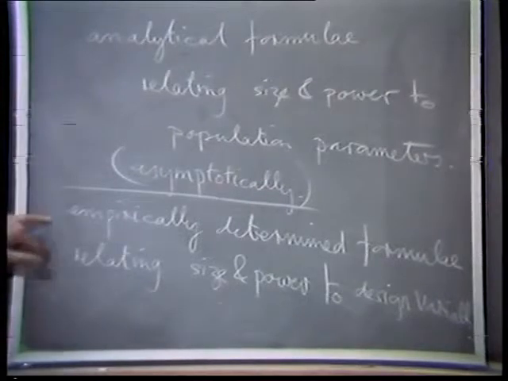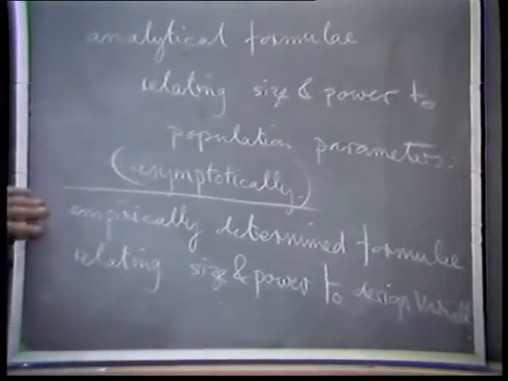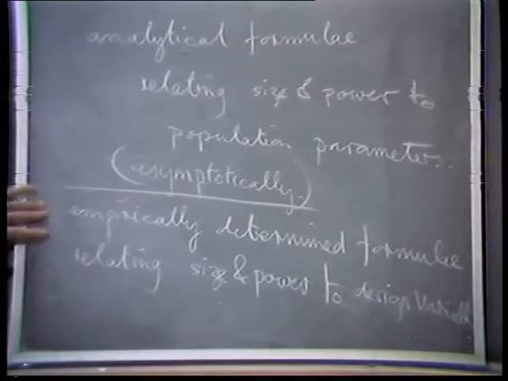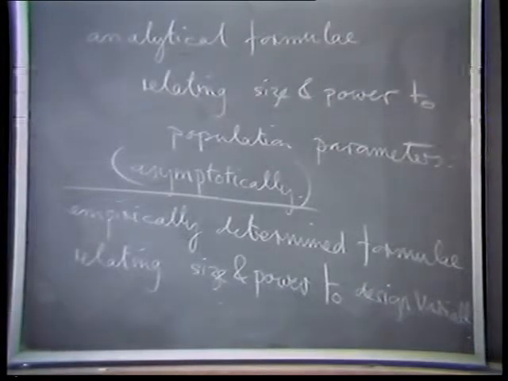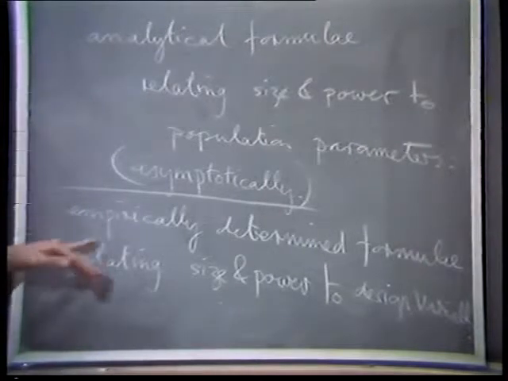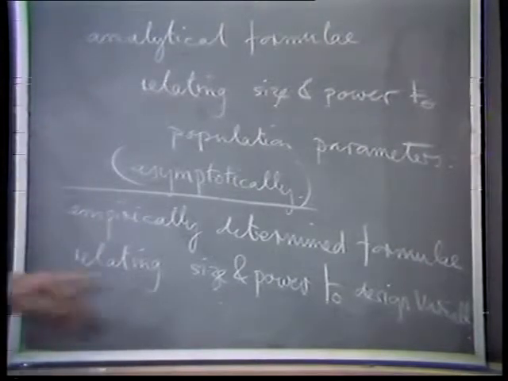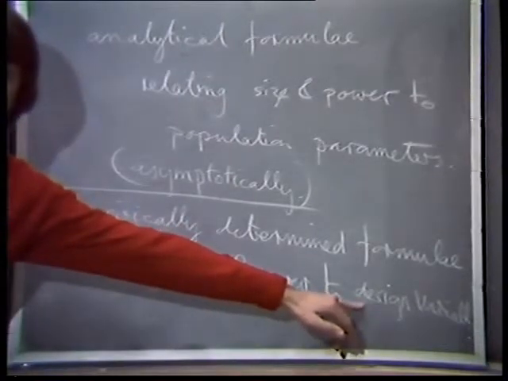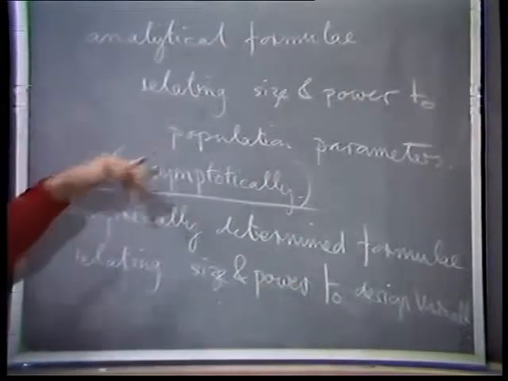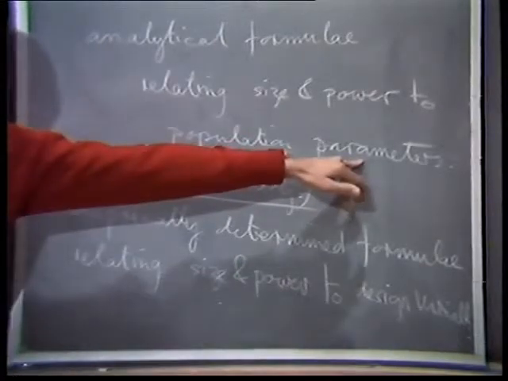And if these empirically determined formula have good fit, so for example a high R squared, if we do it via regression analysis, then we have a reasonable formula for predicting what size and power is going to be for a given combination of the design variables, which, remember, are in fact the population parameters.